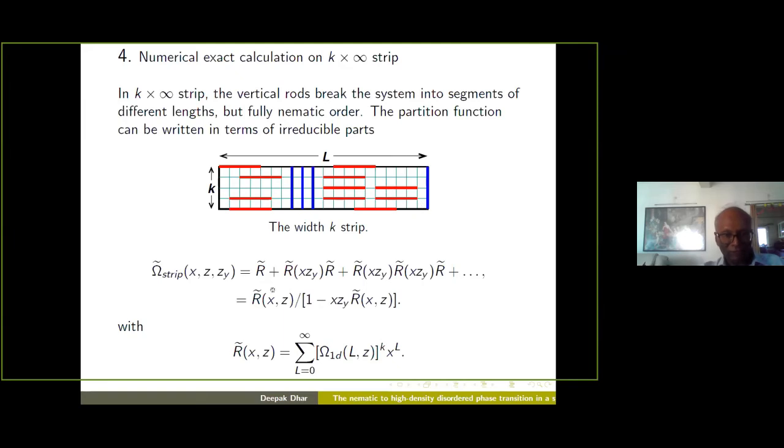And you can work with these irreducible segments. They have some partition function. Then the partition function of the whole thing can be expressed as a geometric series of this stuff. And then we can calculate the full partition function if you can calculate the partition function of one segment. But the partition function of one segment is easy because there are only horizontal rods. So it looks like some one-dimensional partition function to the power k.